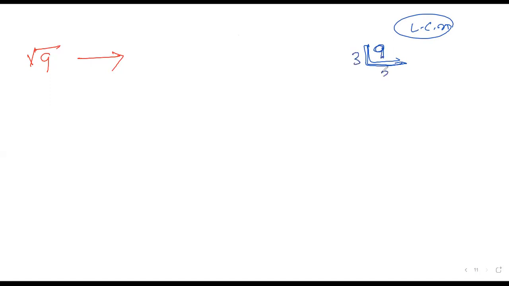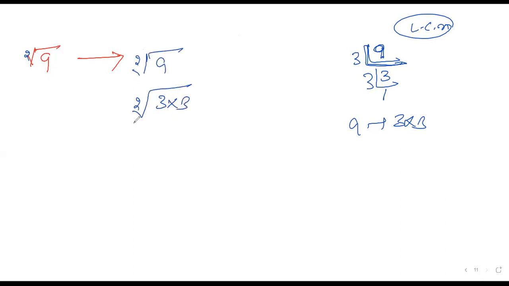So 3 3s are 9, and 3 1s are 3. So 9 I can write as 3 into 3. The square root of 9 is 3 into 3. Clear? I told you just now, here the number is 2. They have two numbers of the same kind, so one number comes out. The answer is 3. I think it was very clear.